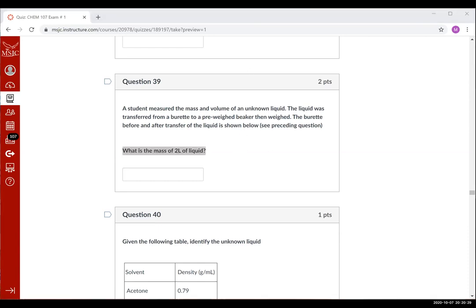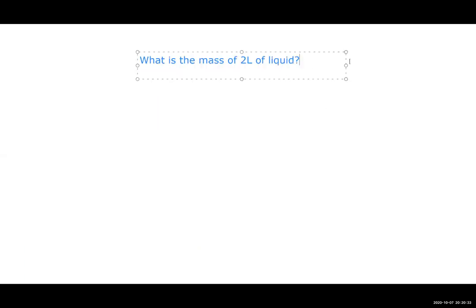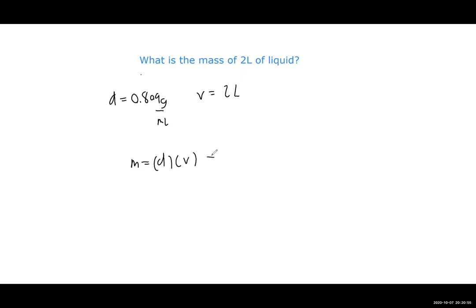Okay, so let's go to the whiteboard now. Let's look at the information that we have. We know that our density is equal to 0.809 gram per mil. We know our volume is equal to 2 liters. So we know that mass is equal to density times volume.